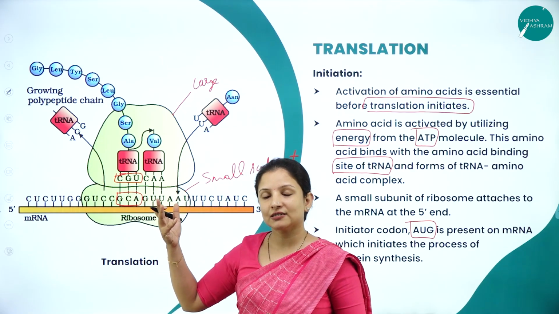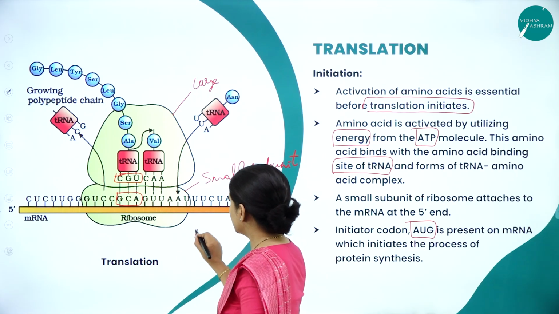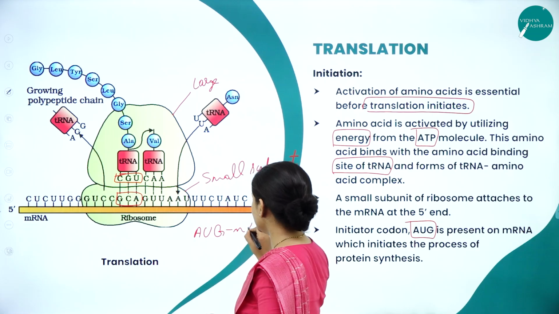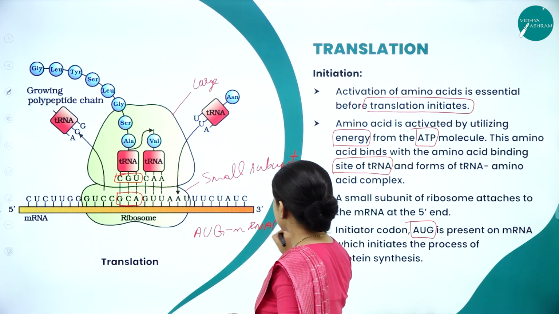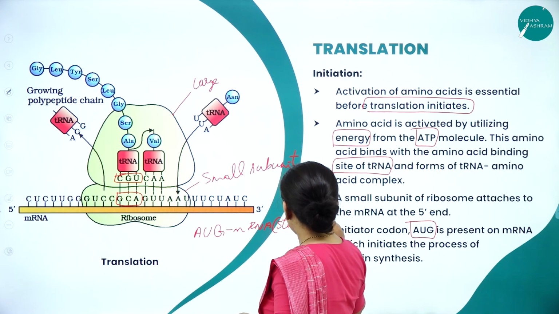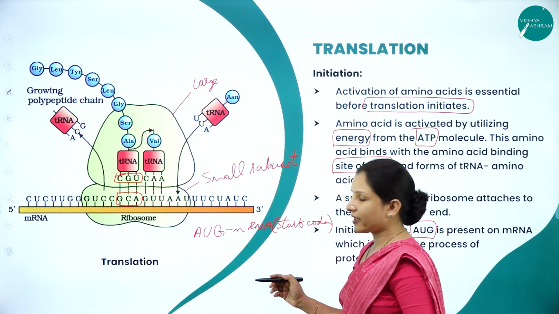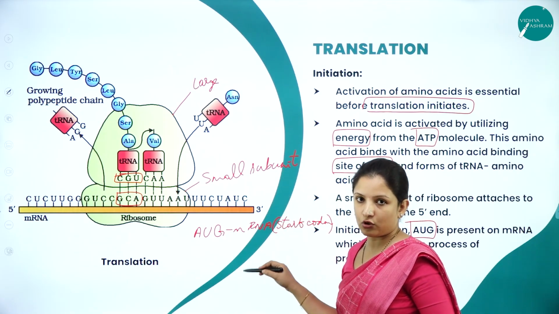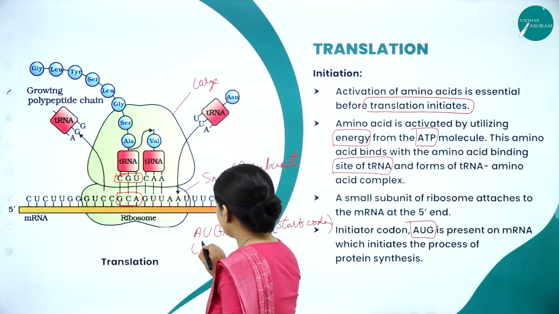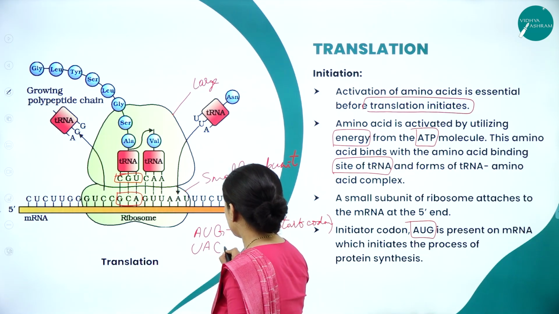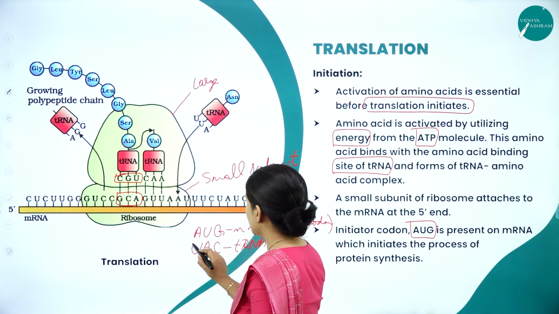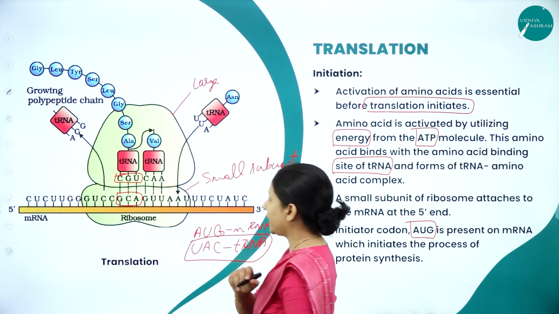This is the start codon, and the translation mechanism should always begin at the start codon. So the tRNA which has the complementary sequence UAC will first come and bind, right?